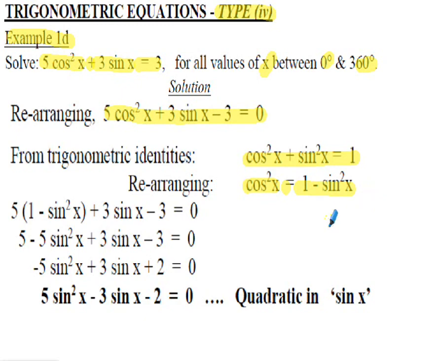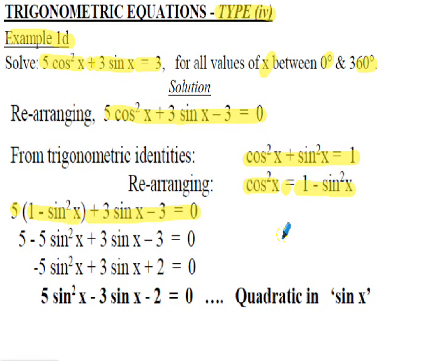If I now put that in for cos squared x in my original equation, I get 5 times 1 minus sine squared x, plus 3 sine x minus 3 is equal to 0.